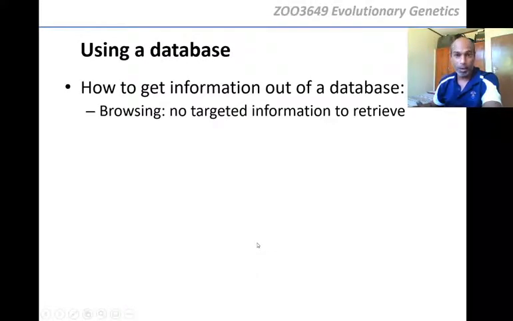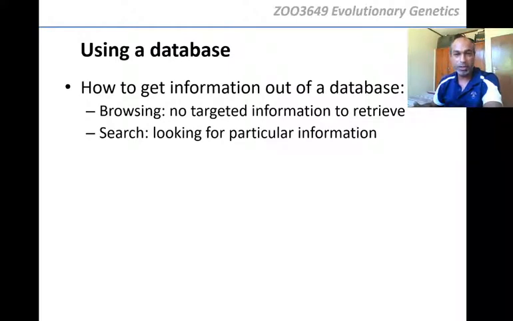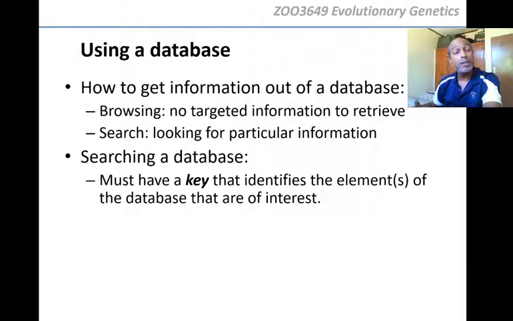So how do we get information out of a database? Well, we can browse, the way you would browse the internet. There's no target, but a much better way is obviously to search for particular information. So when you're searching, what do you put into the search? It's like searching for anything. If you read a paper, for example, and you don't understand the paper, you're going to have to search for keywords in Google about that paper. So in a database, say NCBI or UniProt, you are looking for a particular protein.